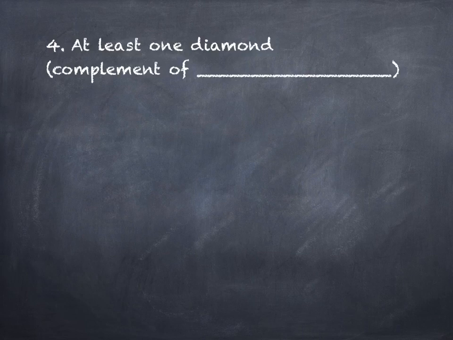If you wanted to figure out the number of ways to have at least 1 diamond, you'd have to figure out the number of ways to have 1 diamond, plus having 2 diamonds, plus having 3 diamonds, plus having 4 diamonds, plus having 5 diamonds. And you'd end up doing this problem in 5 separate stages, then you'd have to add them all together. Uh-oh. That's why this complements principle is so friendly, because I don't have to do 5 different parts to it. I can do 1 part, which is the complement, and then subtract, which is really nice.